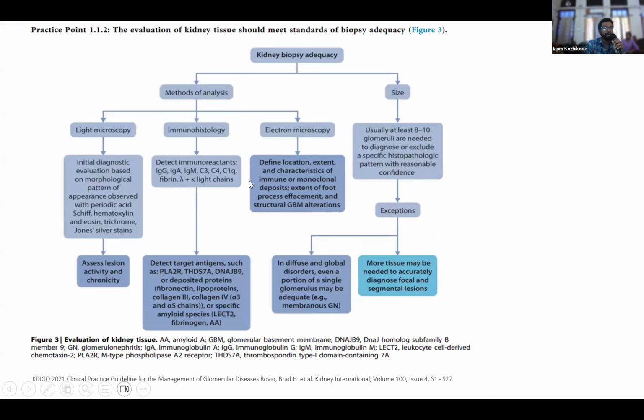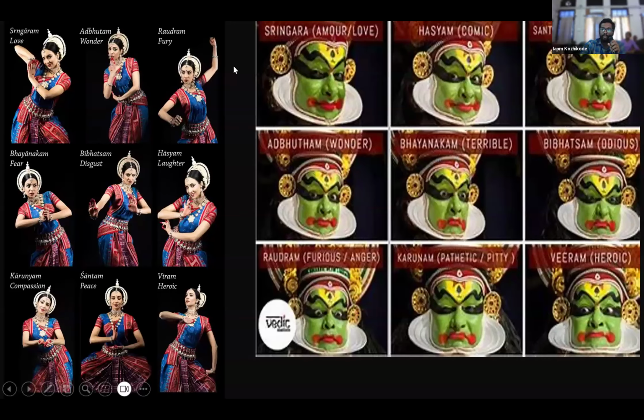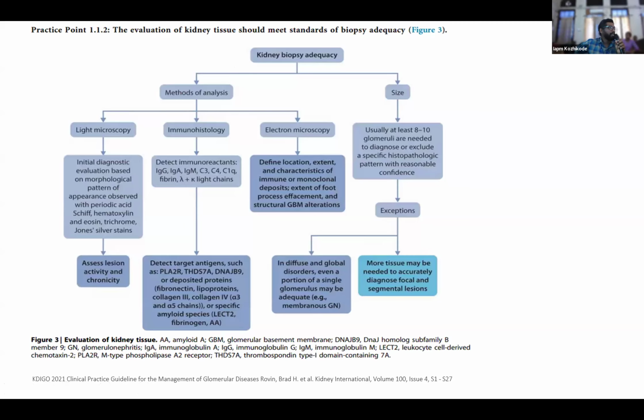So many of us would have heard a question regarding the adequacy of the biopsy. There is a general concept that something like 8 to 10 glomeruli are adequate. Okay, that's good, but see, there are more and more tests coming daily. For example, there's something called fibrillary glomerulopathy that requires a particular IHC called DNAJB9.